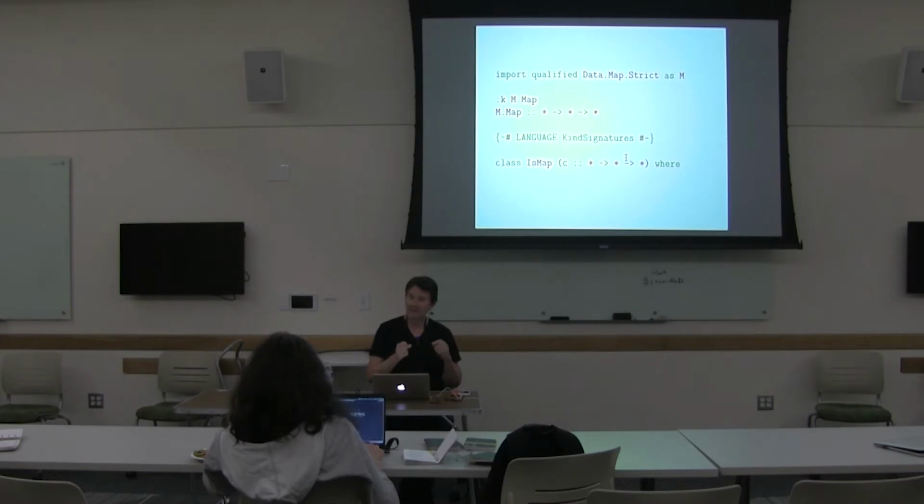And if you remember the map interface, it was a key, which is the first star, and a value, which is the second star, and the last star is the map itself. So it's a type constructor. It's saying, give me these 2 types, your keys and your values, and I'll return you a map of that type.